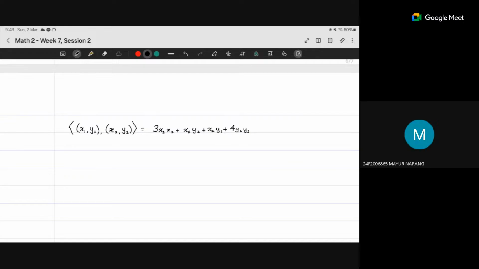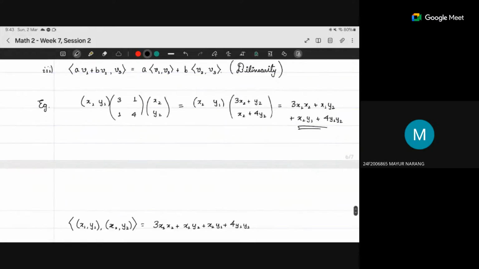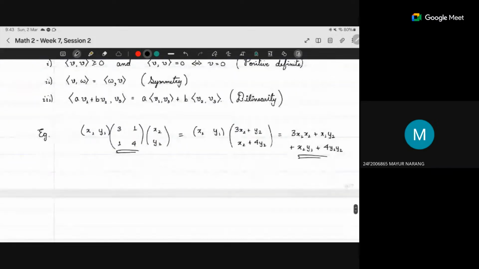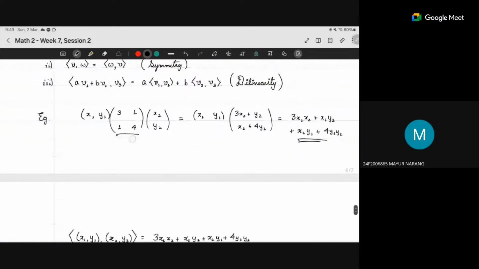So the above part where we multiplied 3, 1, 1, 4 is a concept that is not covered, but just like there is a matrix of a linear transformation, there is a matrix of an inner product, and that matrix needs to be a symmetric matrix. As long as it's a positive definite symmetric matrix, you get a representation of this form. These terms you might not even come across in the course, so I'm not going to go into that. I just used it to manufacture an example of something which is non-standard.